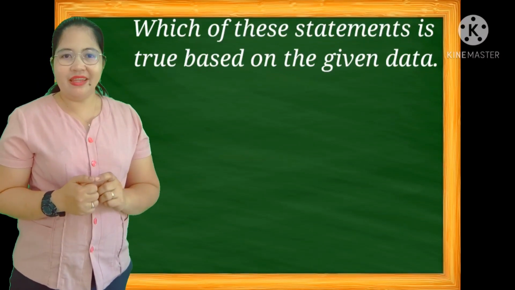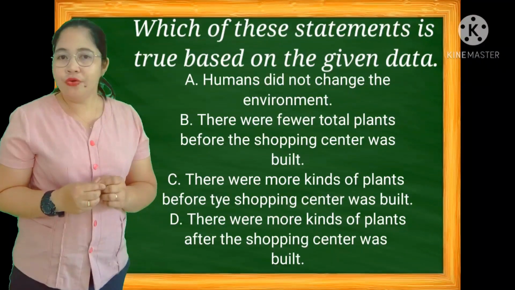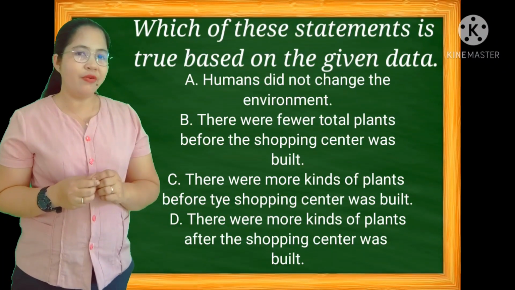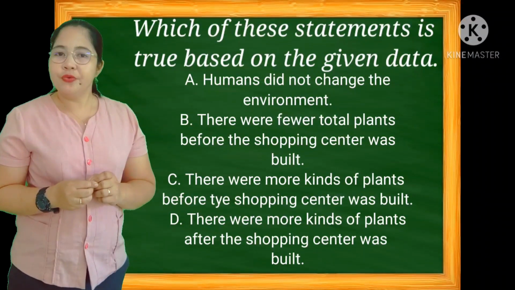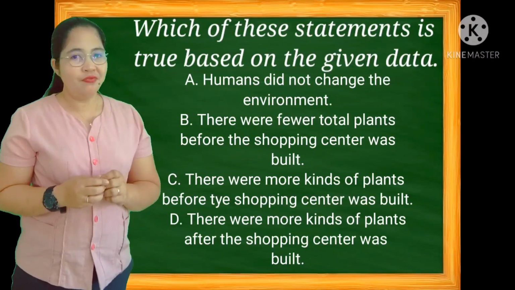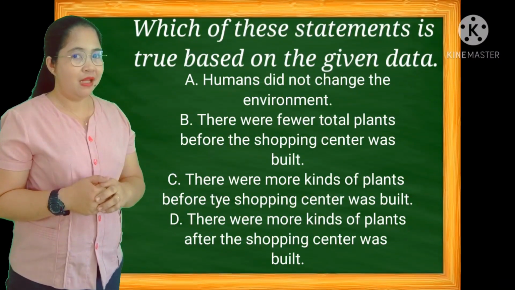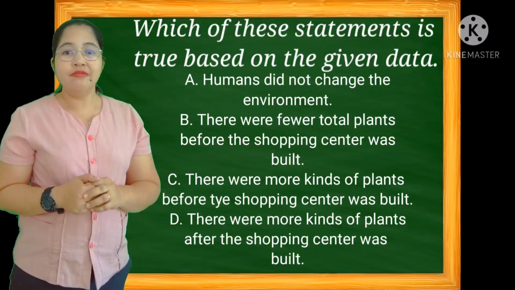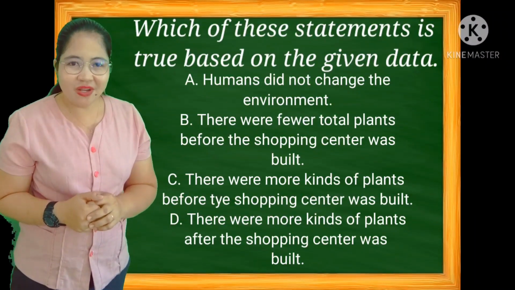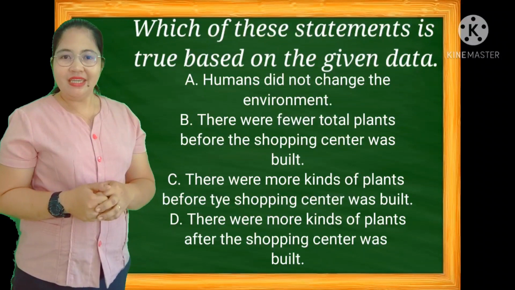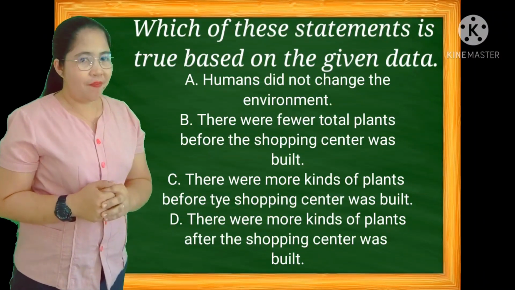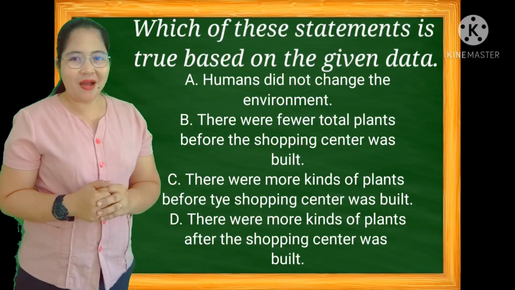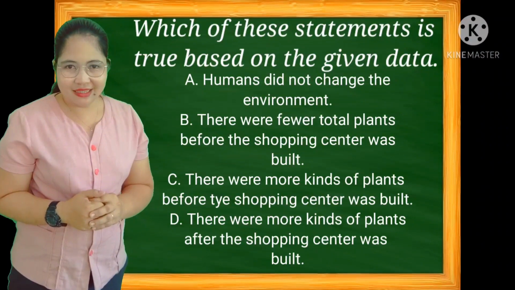Based on the given data, A. Humans did not change the environment. B. There were fewer total plants before the shopping center was built. C. There were more kinds of plants before the shopping center was built. Letter D. There were more kinds of plants after the shopping center was built.